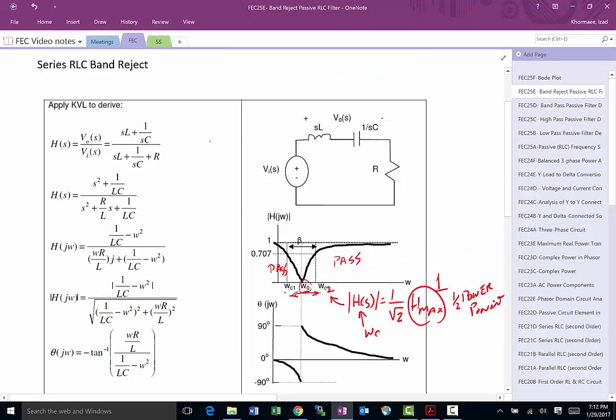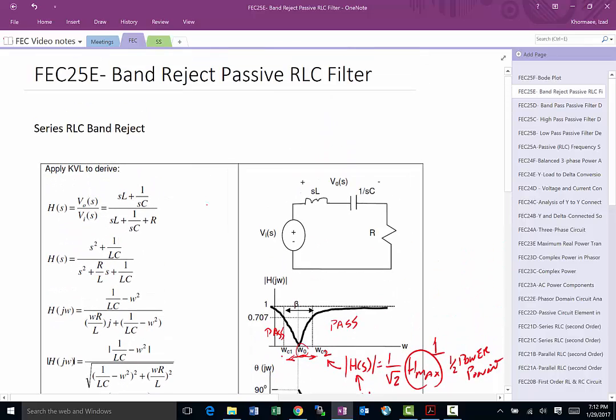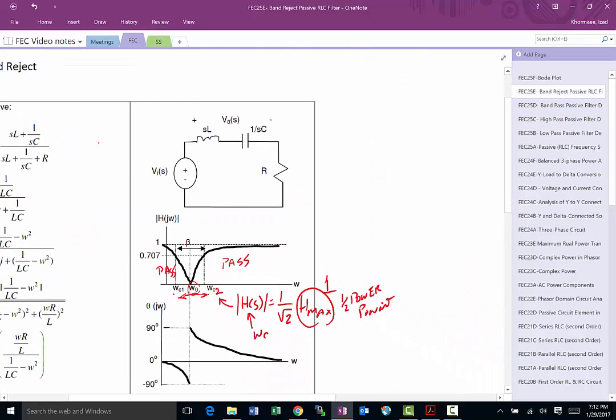So let's now walk through tactically how we go about doing that. We've done this a number of times, but let's go through it again. When we analyze a circuit like this, we use the knowledge we have from KVL, KCL, and all of that.